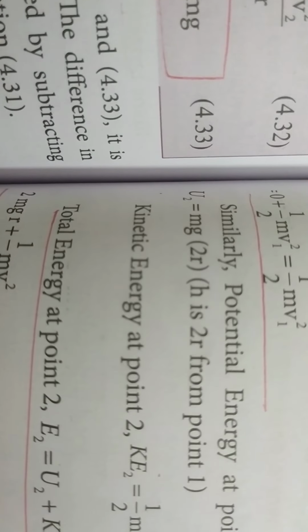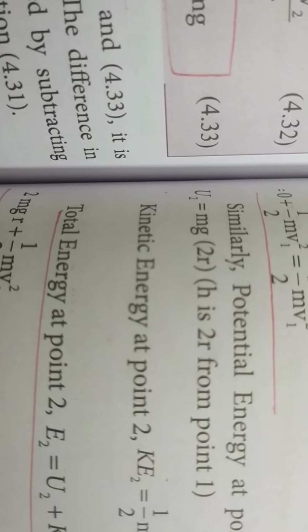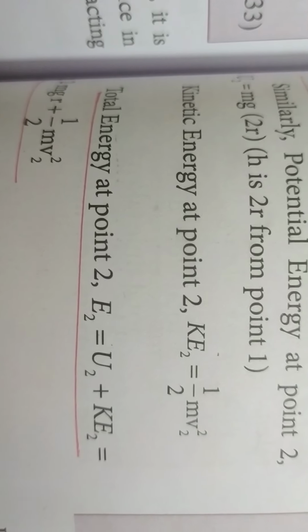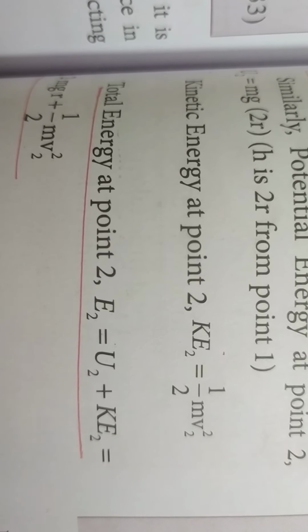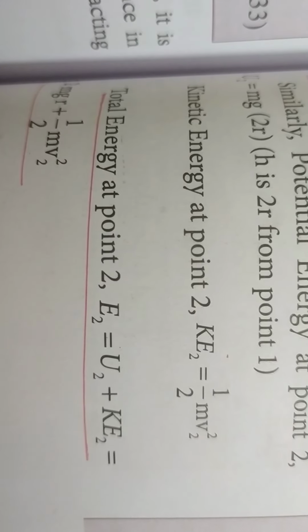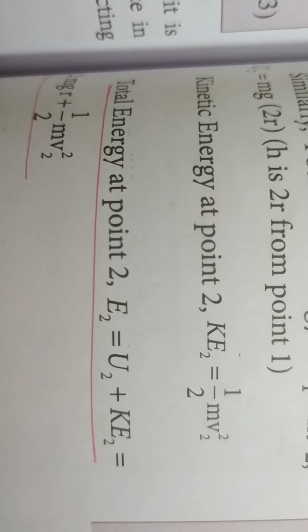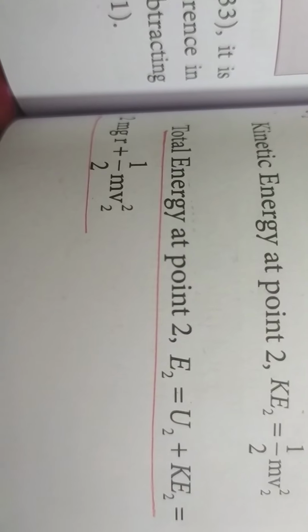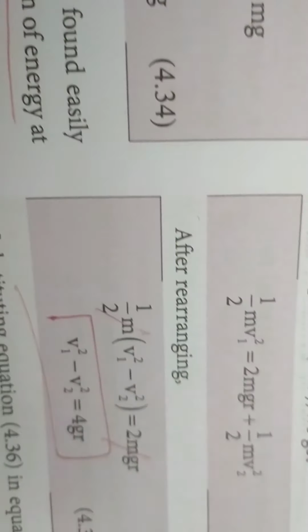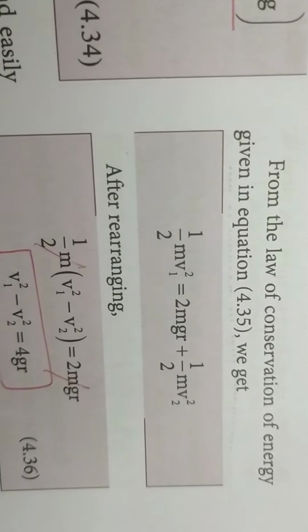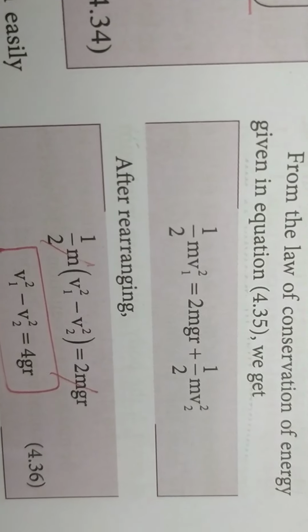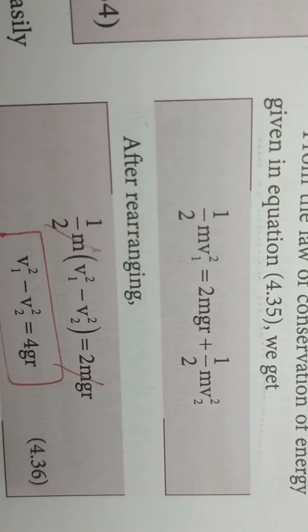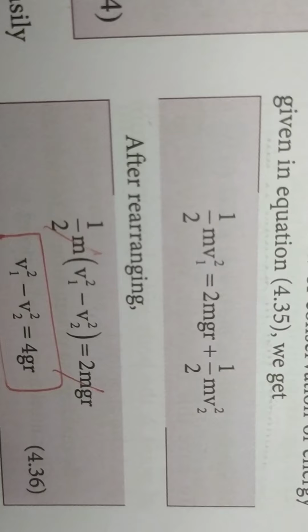And the kinetic energy is half mv2 square, so the total energy E2 is the potential energy plus the kinetic energy, that is 2mgr plus half mv2 square. According to the law of conservation of energy, the total energy at the lowest point must be equal to the total energy at the highest point.